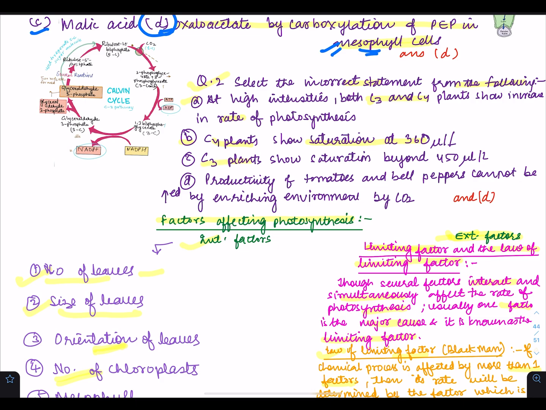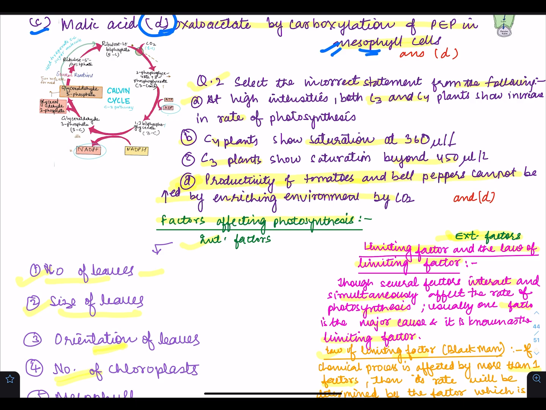Option C is C3 plants show saturation beyond 450. And option D is productivity of tomatoes and bell peppers cannot be increased by enriching environment by carbon dioxide. And so the correct answer is D, because it is actually an incorrect statement.